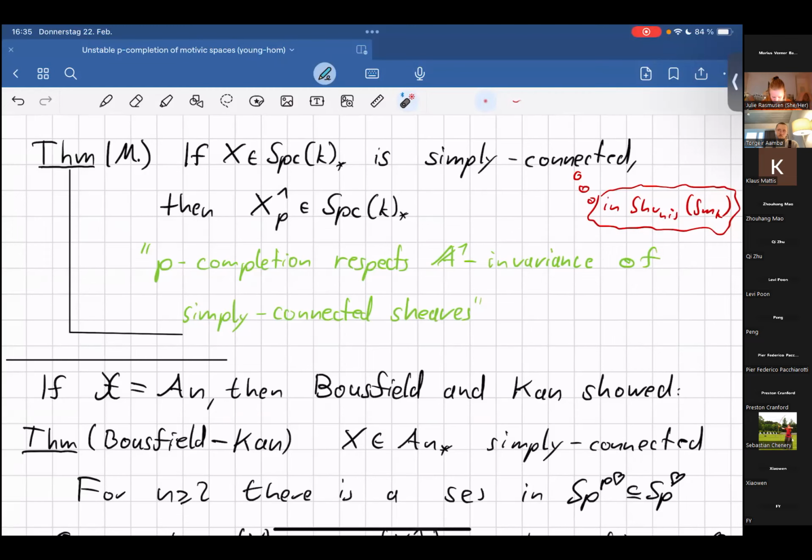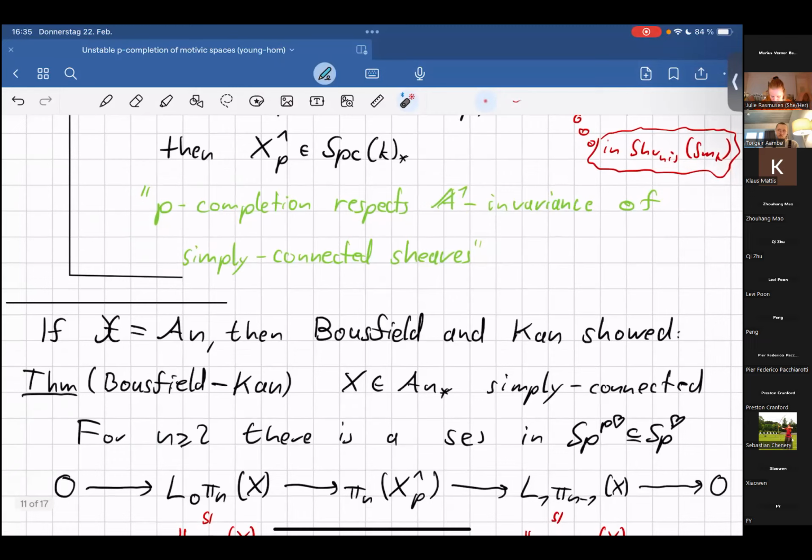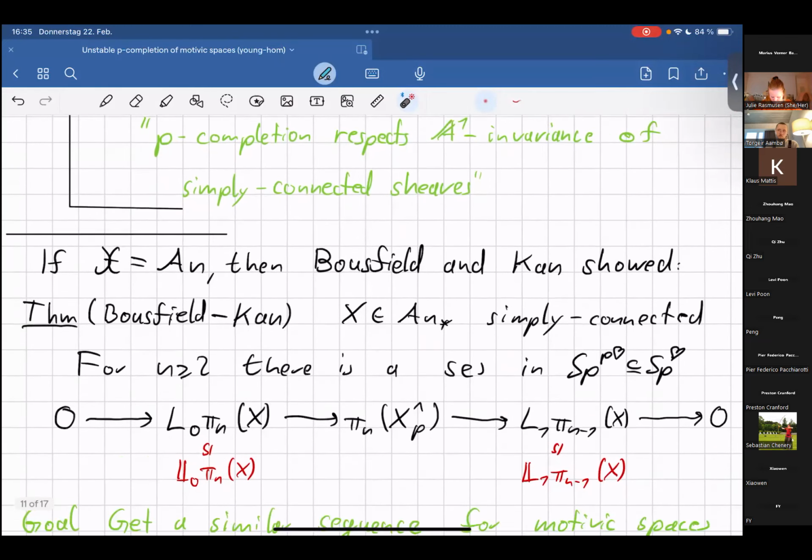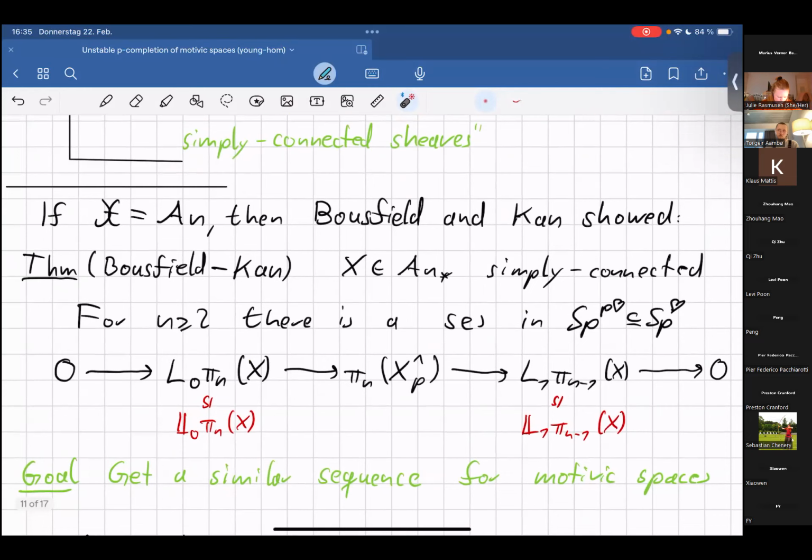And now I want to talk about the short exact sequence. And now I have to backtrack a little bit to go to first the case of anima. So in anima, Bousfield and Kahn also showed that if you have a simply connected anima and an integer n bigger than 2, then there is a short exact sequence in abelian groups, which is in the heart of the standard t-structure in spectra, of the form where I have the derived p-complete homotopy groups here, and I have the homotopy group of the p-completion in here.